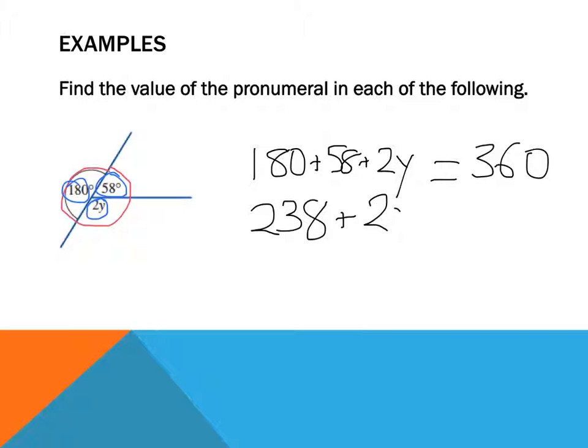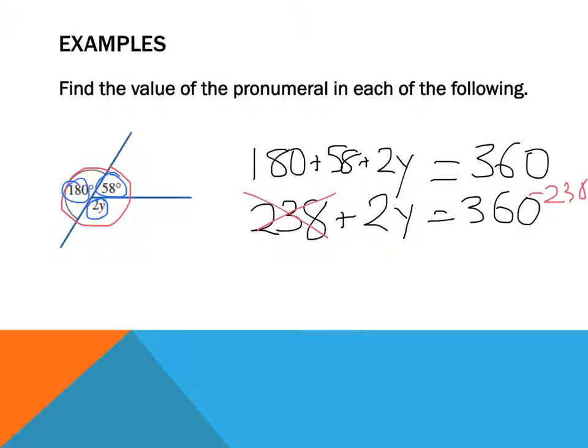plus 2y equals 360. Okay, now I have to take things away from the 2y. I particularly didn't reorder these ones here today, I particularly did them in a specific order. Now if I need to get rid of the 238, okay, it's a positive number, so I minus it. If I do something to one side, I do the same to the other side.